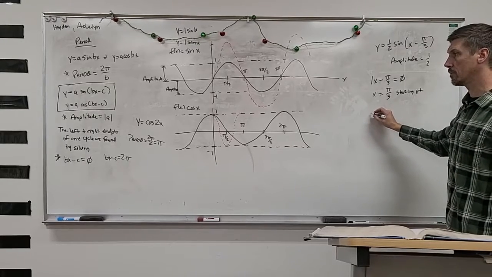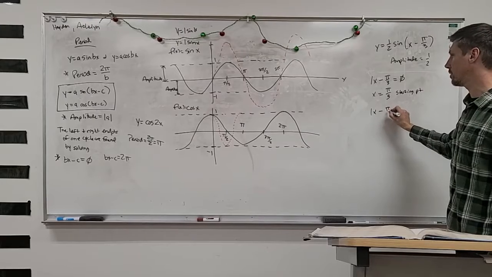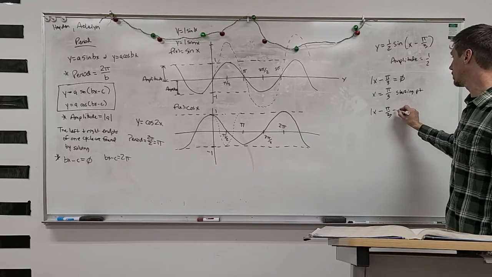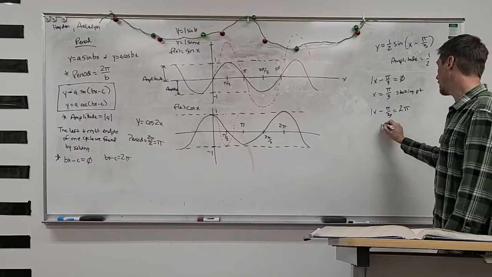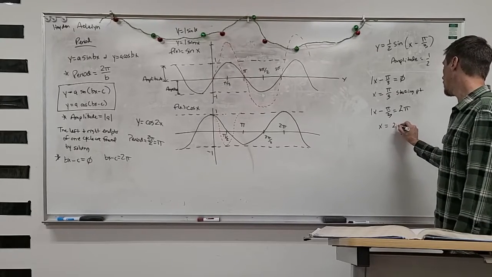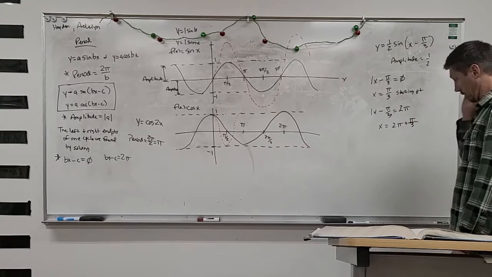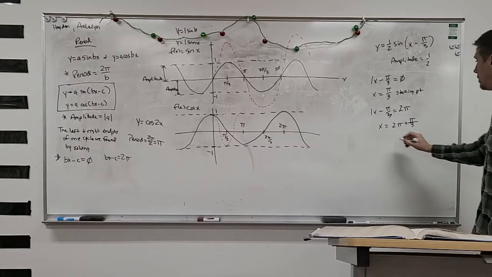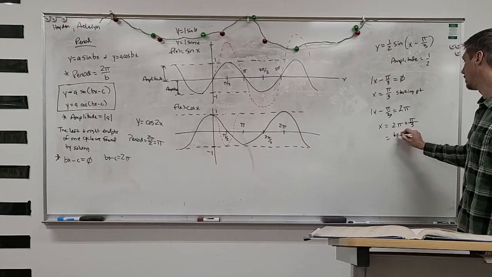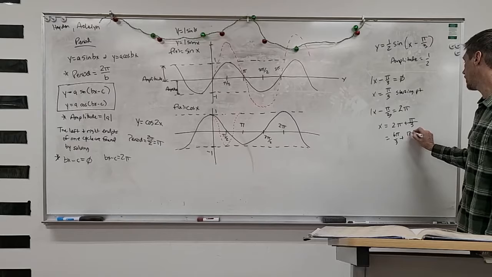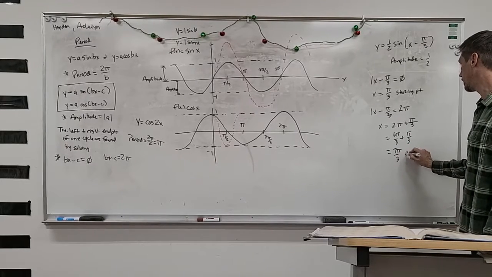And the other one that we solve is bx minus c, x minus pi thirds, equals 2 pi. And so for that, we have x equals 2 pi plus pi thirds, which is the same as 6 pi over 3 plus pi thirds, so that equals 7 pi over 3. This is our ending point.